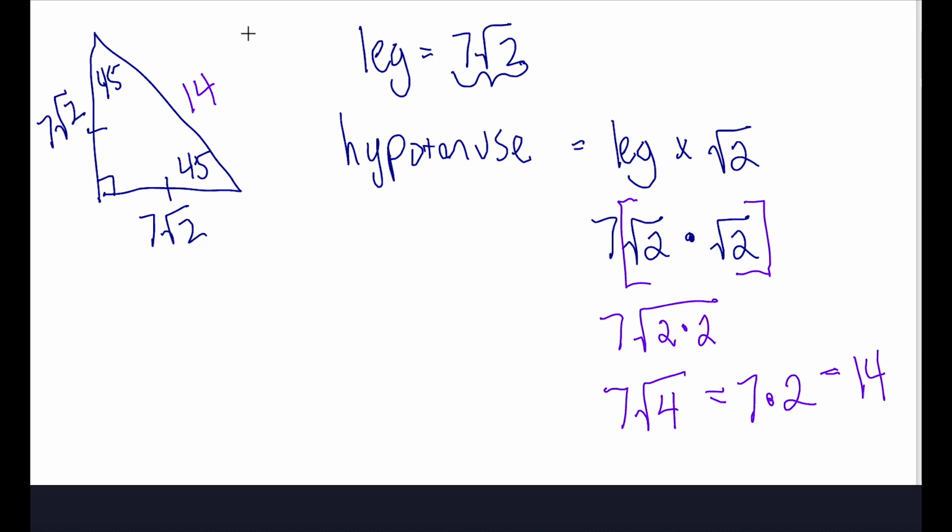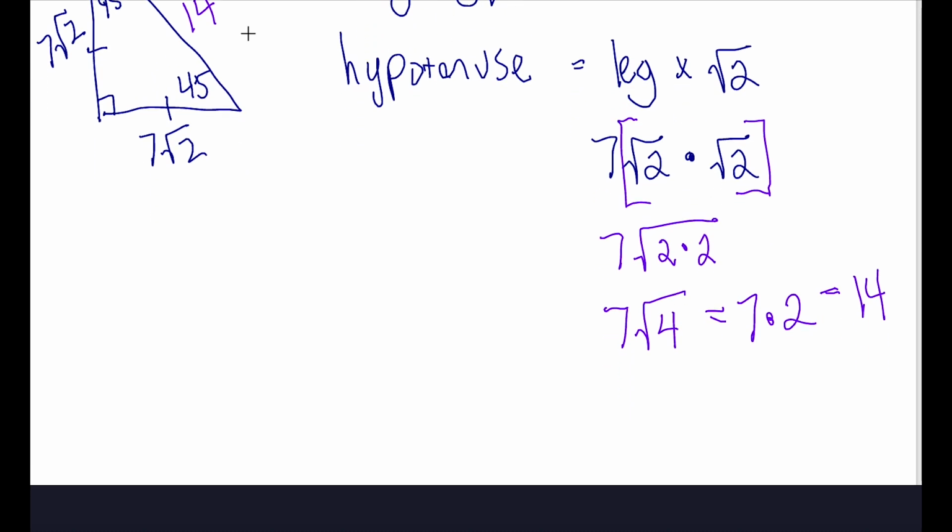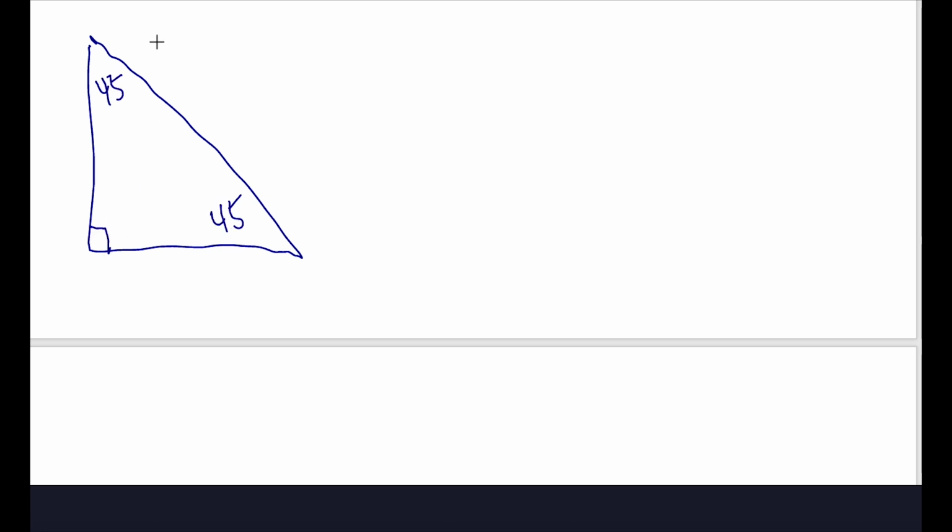So let's try another one of those. Given a 45, 45, 90 right triangle where the leg is 6 radical 3. Of course, both legs are 6 radical 3.